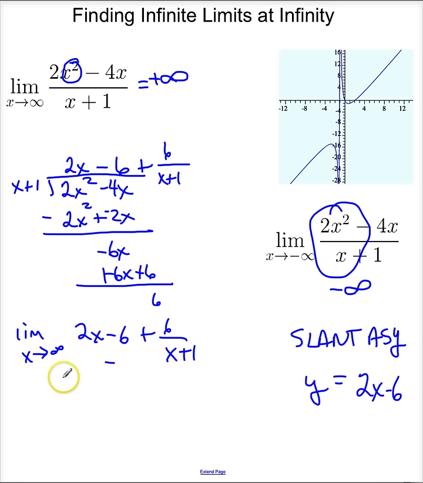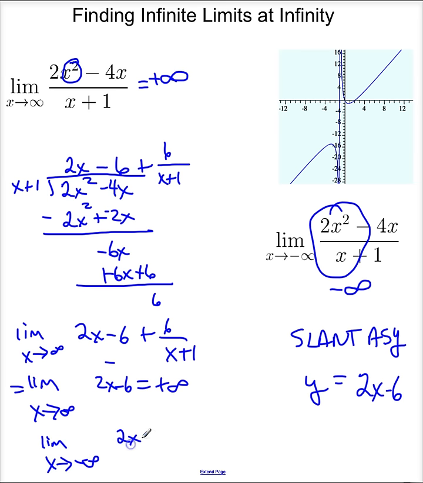So this limit is the same as the limit as x approaches infinity of 2x minus 6, or plus infinity. Now the limit as x approaches negative infinity of 2x minus 6 is minus infinity.